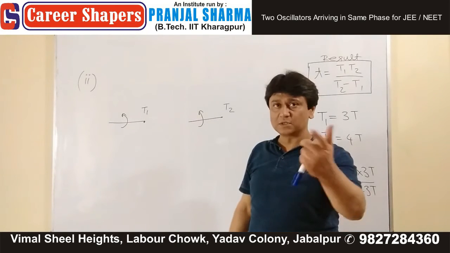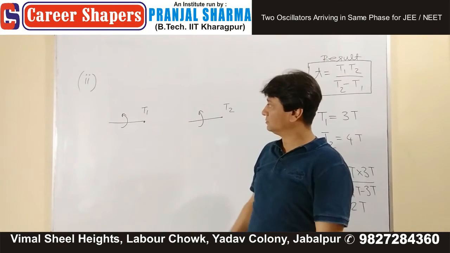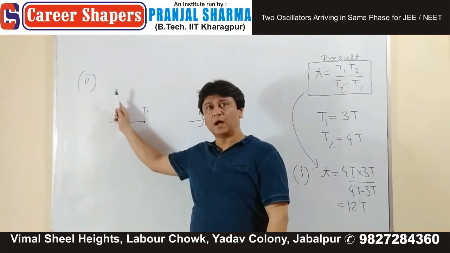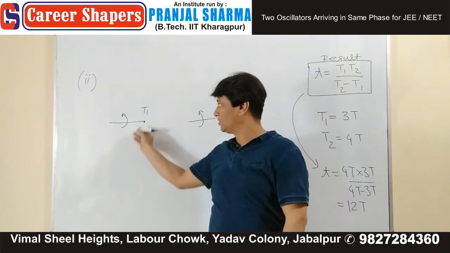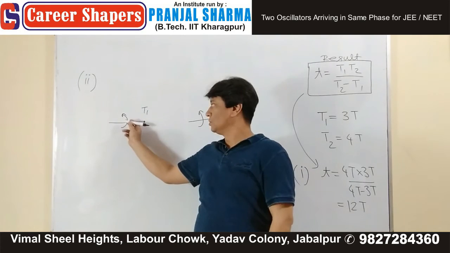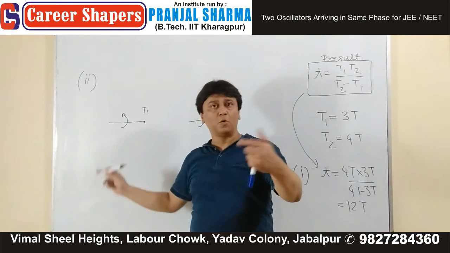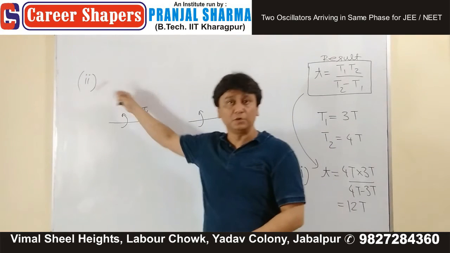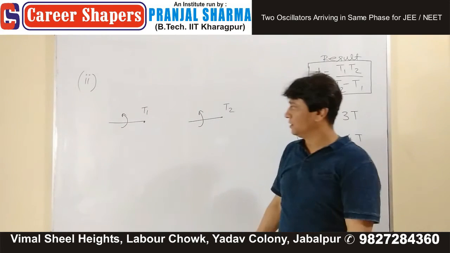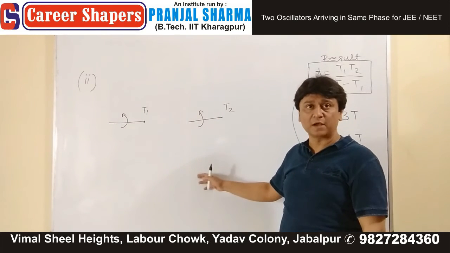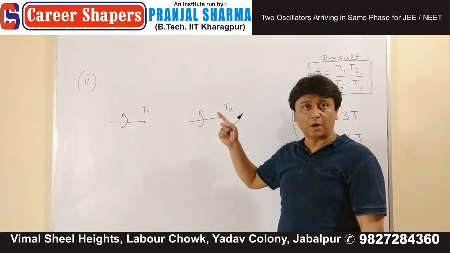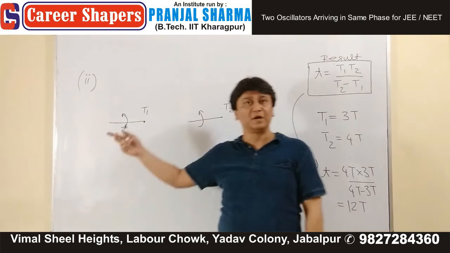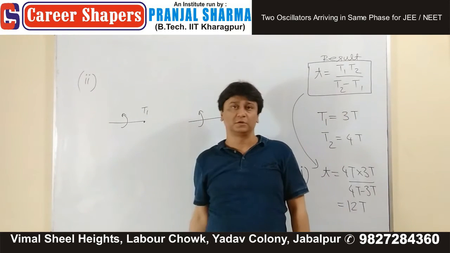So how do you answer something like this? If I say that T1 arrives at this position, I have no idea how many oscillations or how many rounds it has completed. In the previous example, you saw that one oscillator completed one oscillation and the other one completed 4 oscillations.